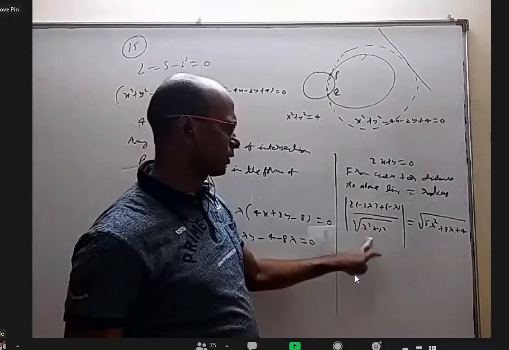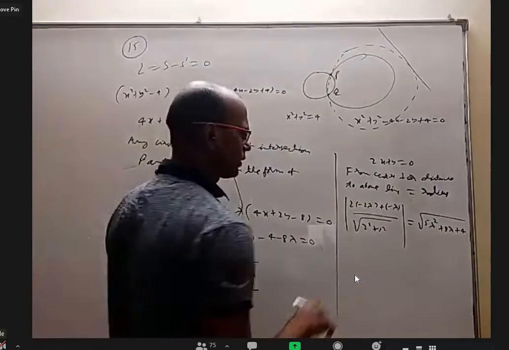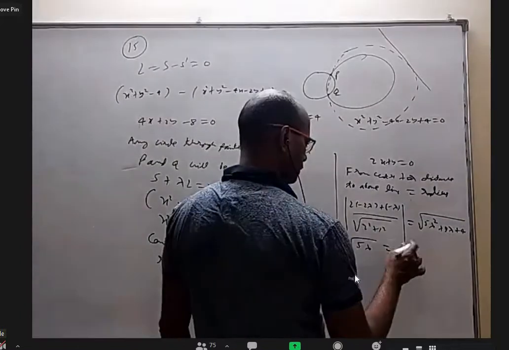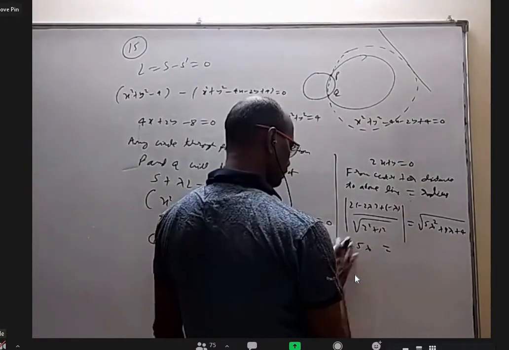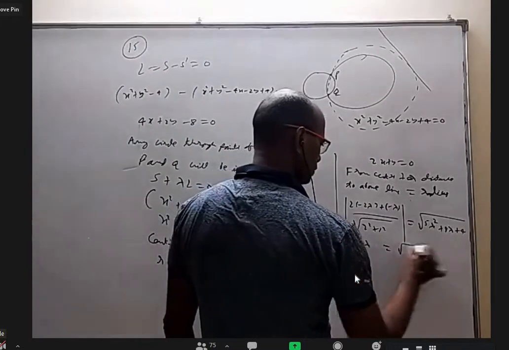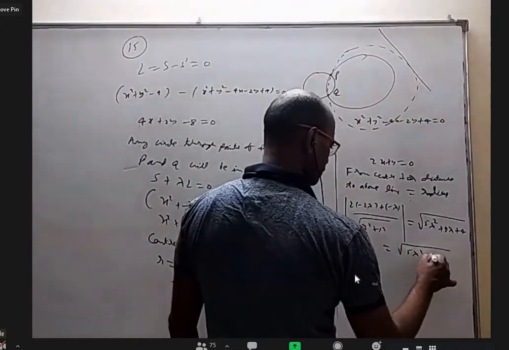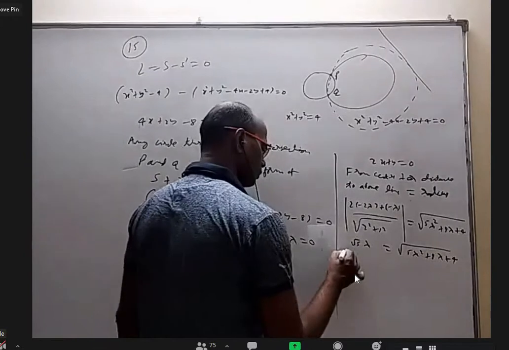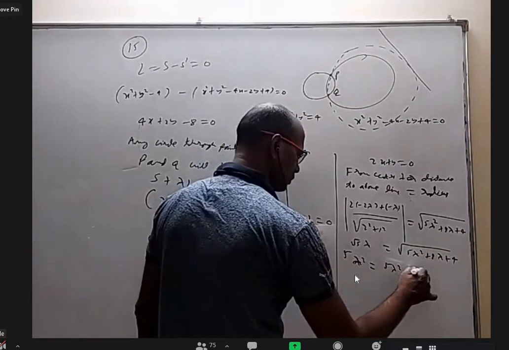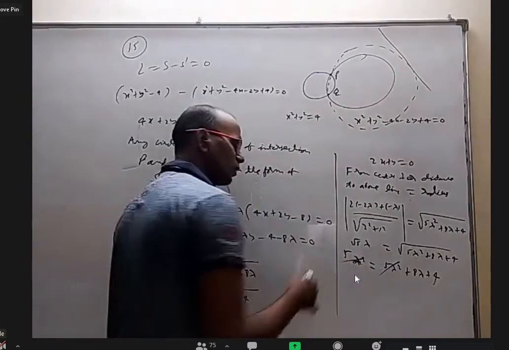This is root 5 lambda, equal to square root of 5 lambda square plus 8 lambda plus 4. If I square it, 5 lambda square equal to 5 lambda square plus 8 lambda plus 4. You can see lambda square got cancelled.